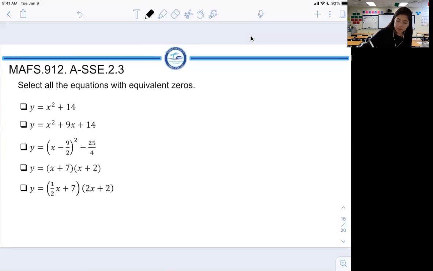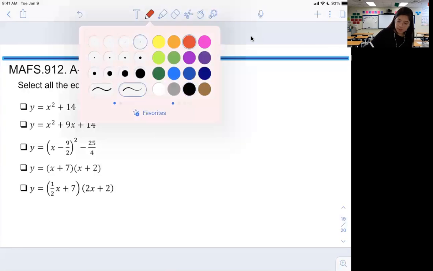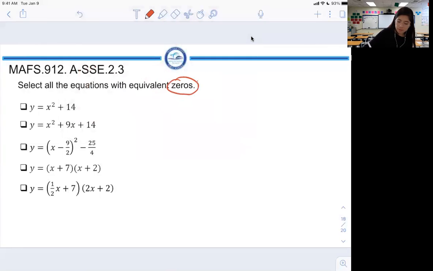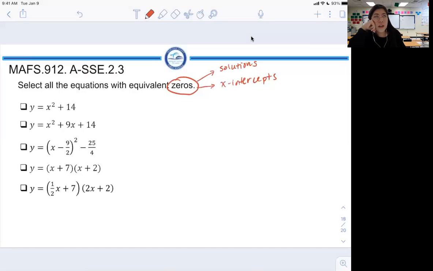And remember, zeros mean the same thing as solutions and x-intercepts. So which of these are in a form that reveals the zeros?